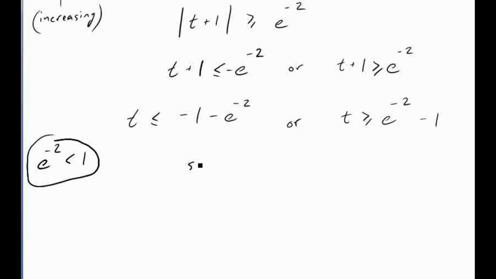And since t naught is equal to 0, we can't have t less than or equal to -1 - e to the -2.